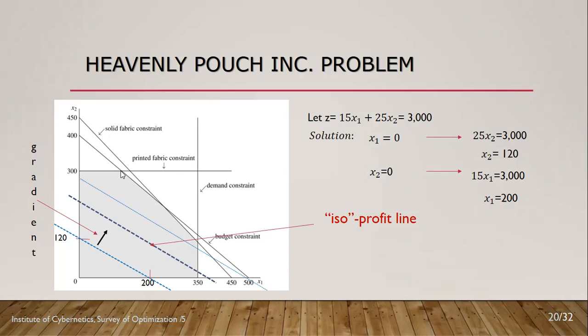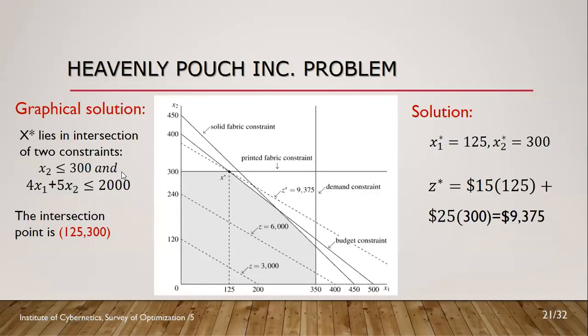The highest point where the isoprofit line still falls into the feasible region, still being parallel to the previous ones, is this one. You see that all these iso lines are parallel.